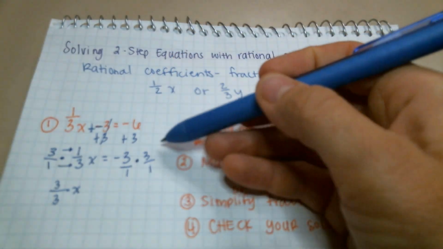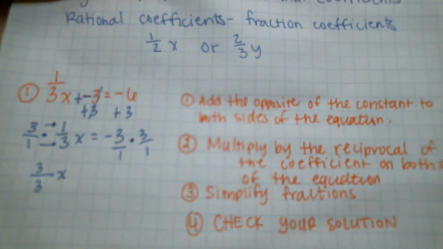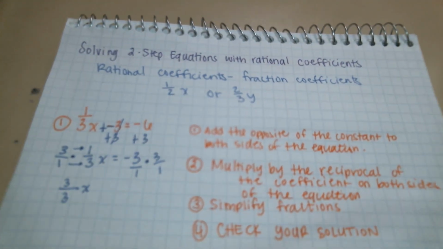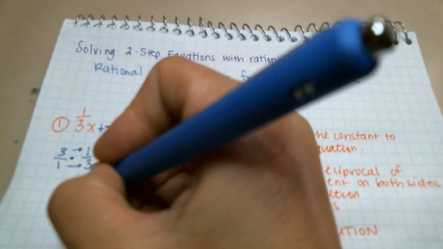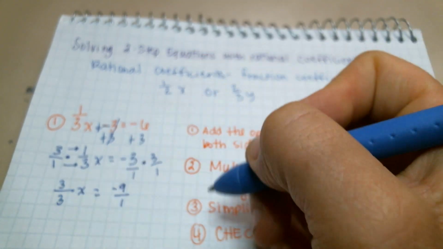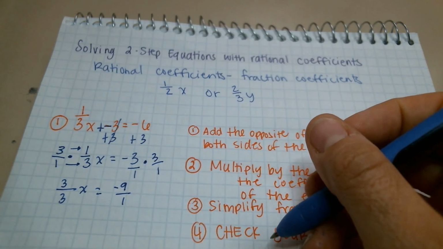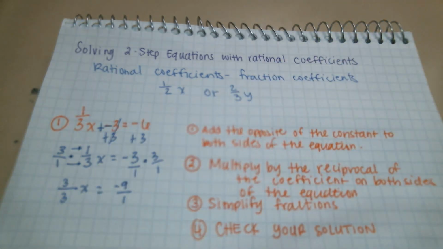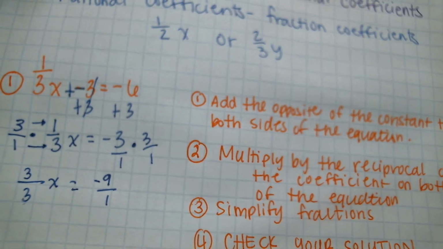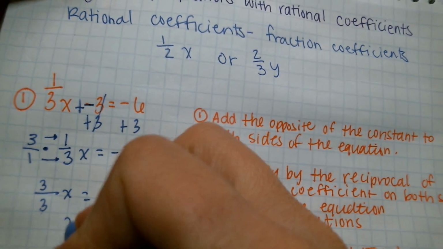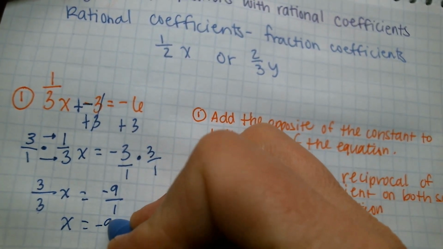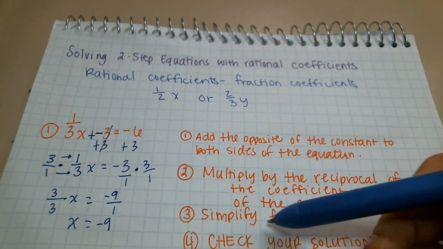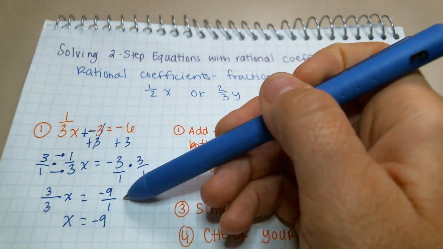You turn -3 into a fraction, and -3 times 3 is -9, and 1 times 1 is just 1. Well, this is just division. 3 divided by 3 is 1, and 1x is just x. So I get x, and -9 over 1 is just -9. Last thing I did, and I kind of already did this, was simplify your fractions. I did that right here.